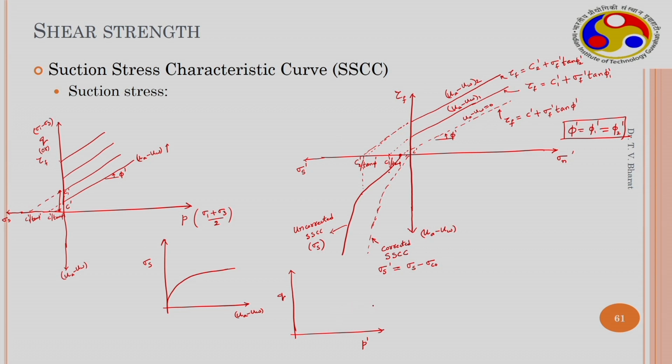As we know the effective stress values, we can compute the mean effective stress values, and then you get a unique straight line. This itself is a failure envelope. As we could determine the true effective stress from the SSCC, we can obtain the unique failure envelope for different matrix suction ranges. Let us understand by an example problem.